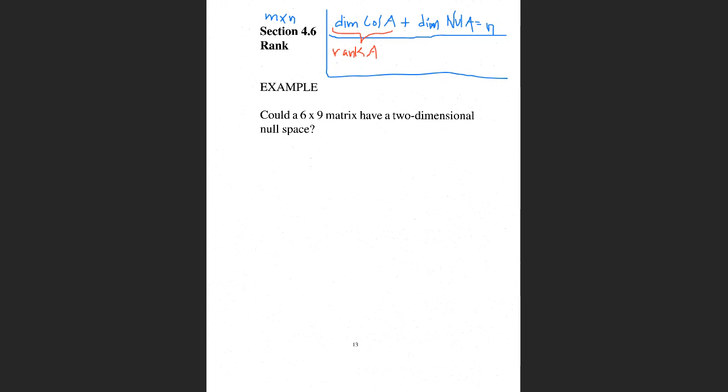So if you have a 6 by 9 matrix, could that matrix have a two-dimensional null space? And naturally, you're going to use the rank theorem here to try to help you answer that. But let me give you a moment to think about it.